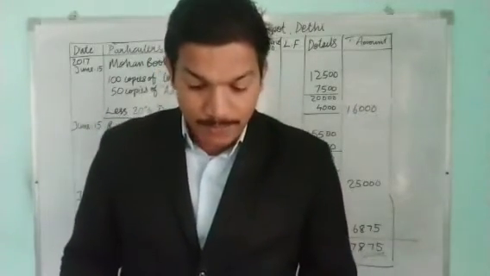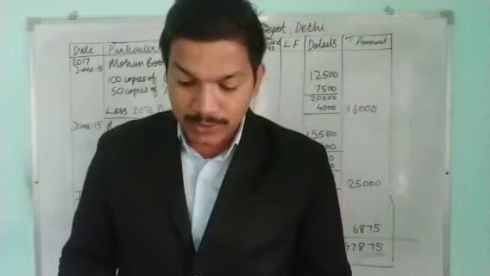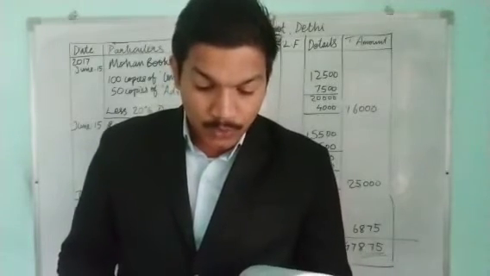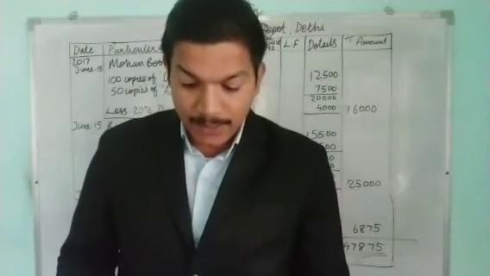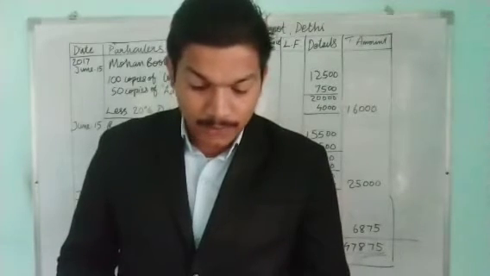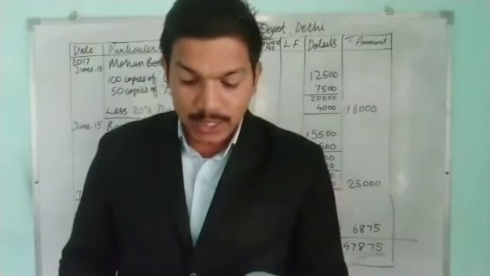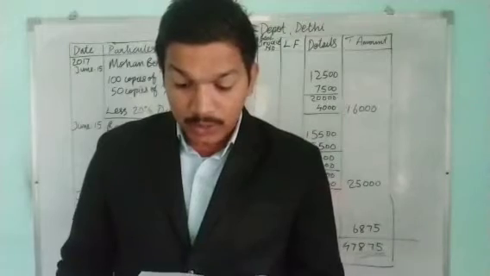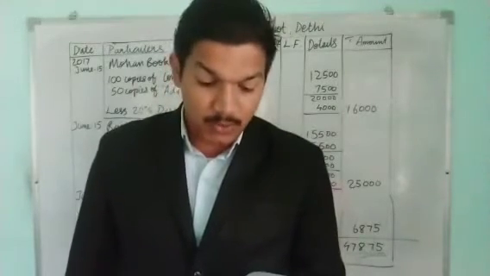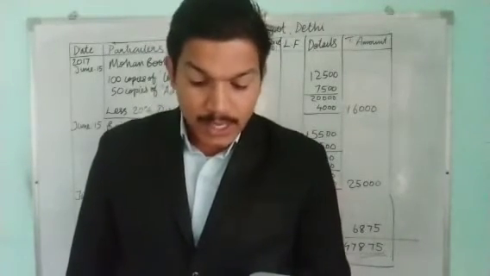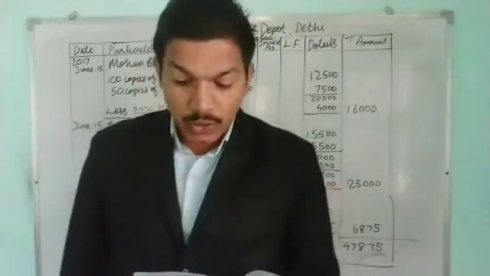So here the purchases book records the names of those suppliers from whom goods are purchased on credit. Separate accounts are opened in the ledger for each supplier, and their accounts are credited by recording on their credit side by purchases account, and the amount payable to them is shown against it.